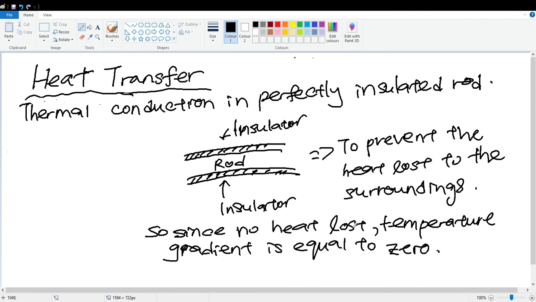Why is my temperature gradient 0? This is because this rod has a temperature which at any point is all the same.